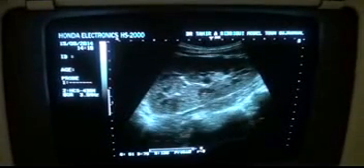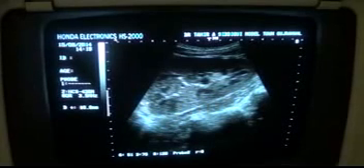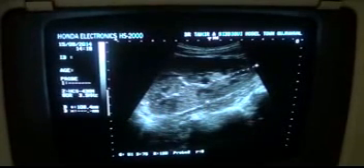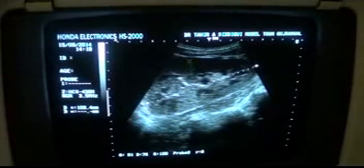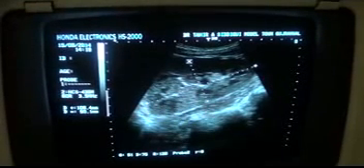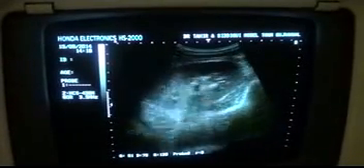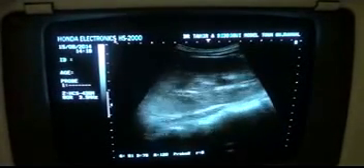It measures 10.6 centimeters in length and 5.0 centimeters in anterior-posterior diameter, which is at the upper limits of normal, in transverse section.